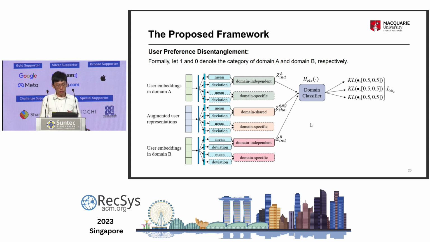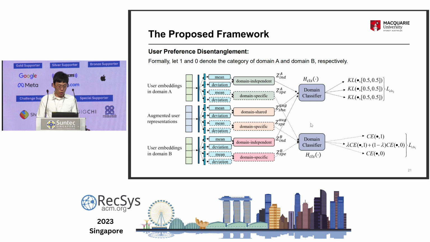Firstly, we feed the domain independent and domain shared information into the domain classifier to calculate the KL divergence loss between the prediction and our ground truth 0.5, while we also feed the domain specific user preferences into the domain classifier as well to calculate the cross entropy loss.